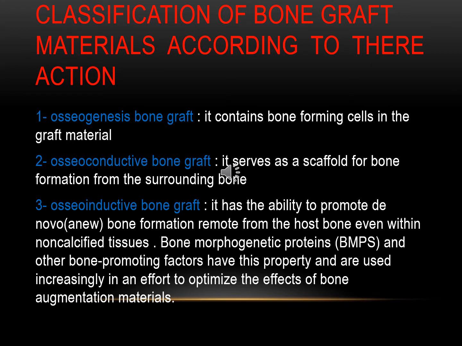The most important growth factors are the bone morphogenetic proteins, BMPs. We mean osteoinductive bone graft has the ability to promote de novo or new bone formation remote from the host bone, even within non-calcified tissue.